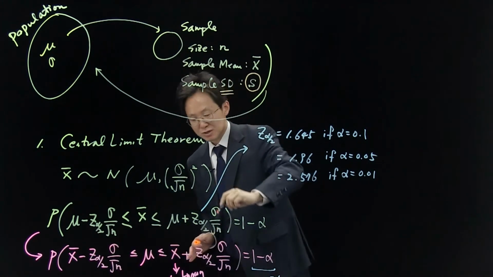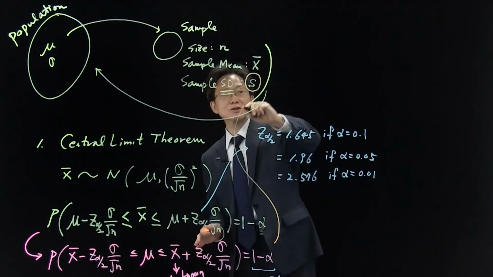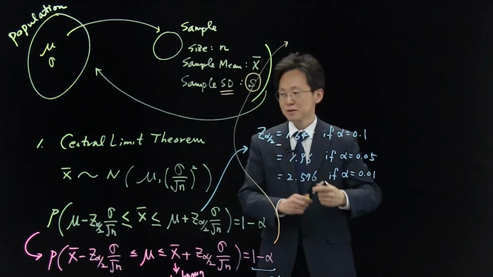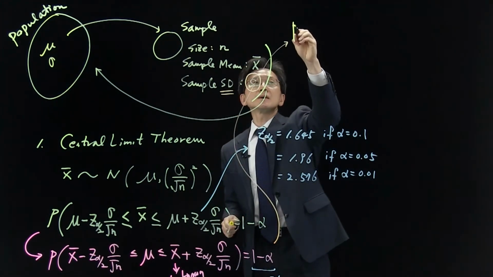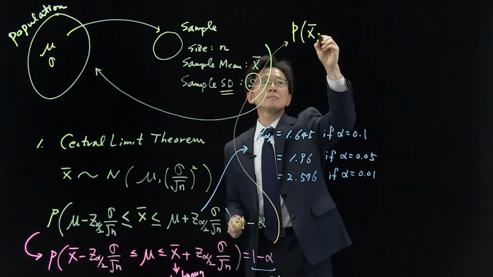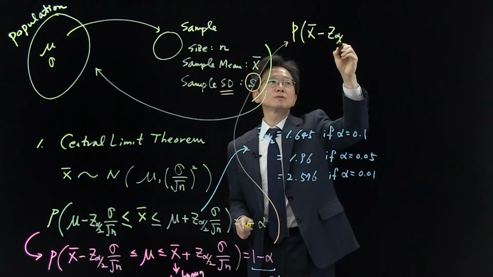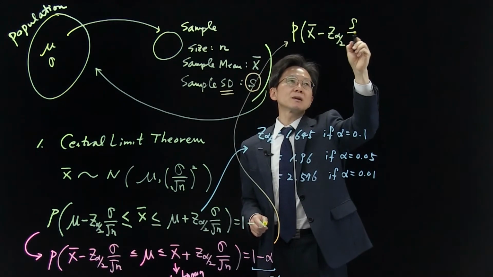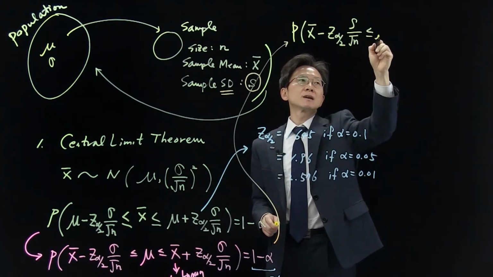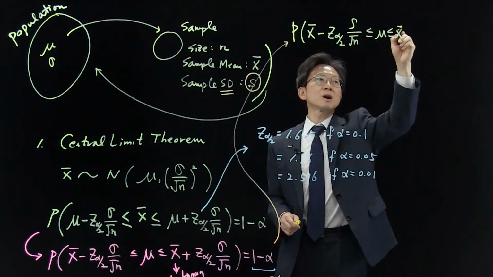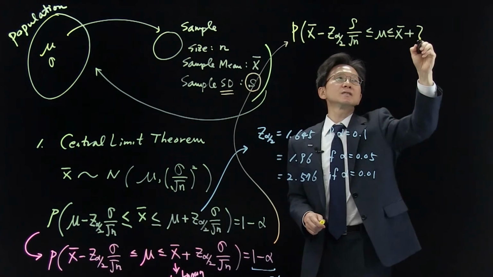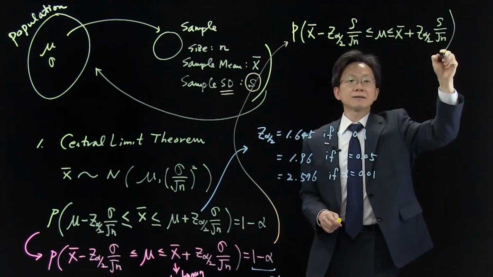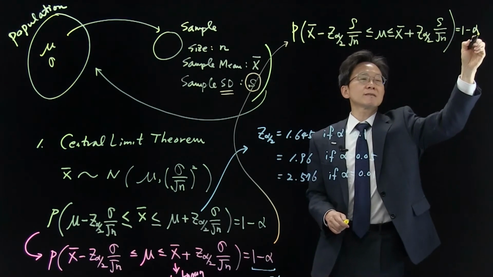Therefore, we can convert this equation a little further: P of x bar minus z alpha over 2 times S over root n, less than mu, less than x bar plus z alpha over 2 times S over root n, is going to be 1 minus alpha.